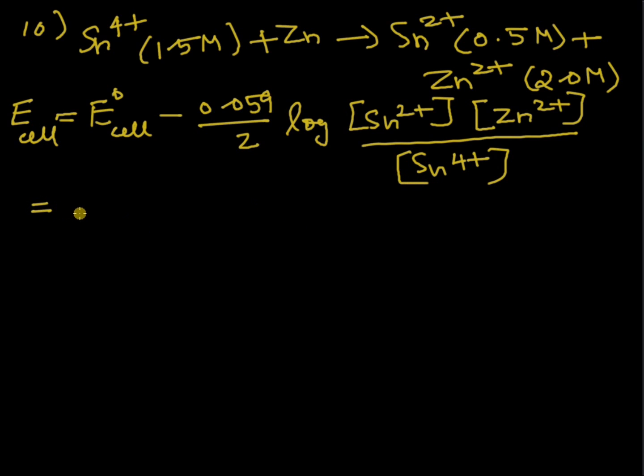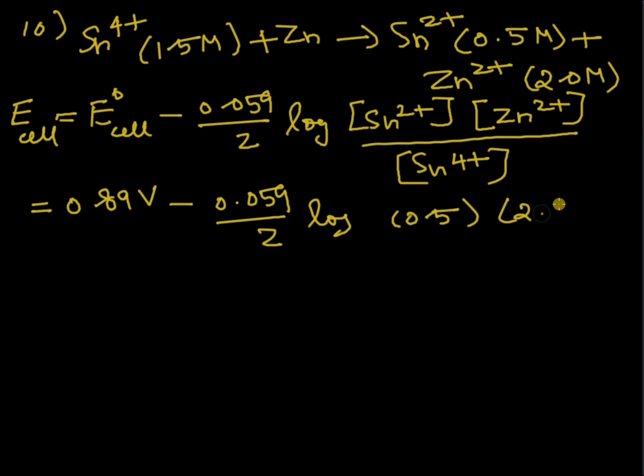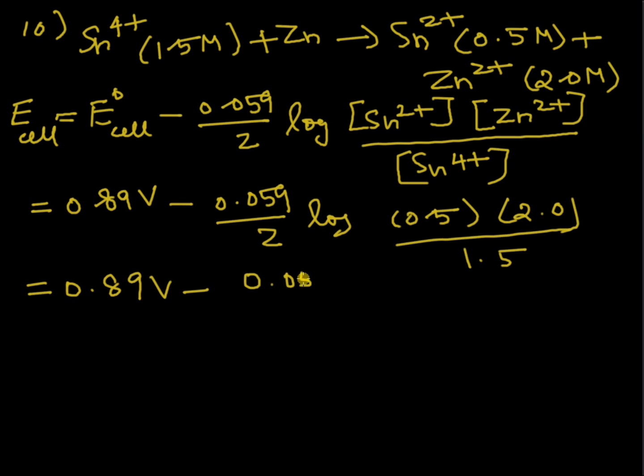We are given the E naught value as 0.89 volt in the problem, minus 0.059 by 2 log of, substitute the values of the concentration here, 0.5 into 2 by 1.5. So you can continue working out. This will be log of 1 by 1.5.